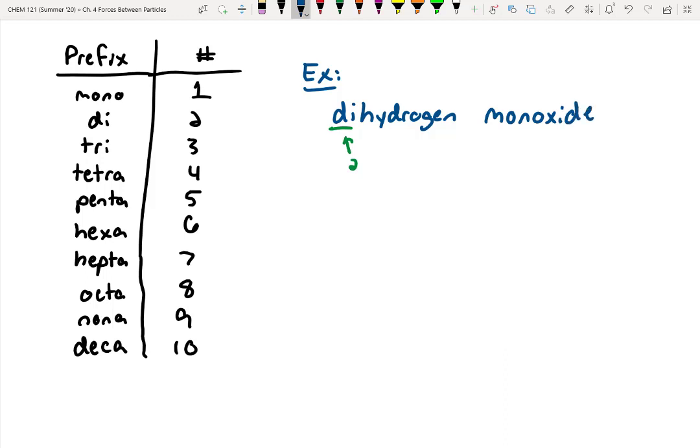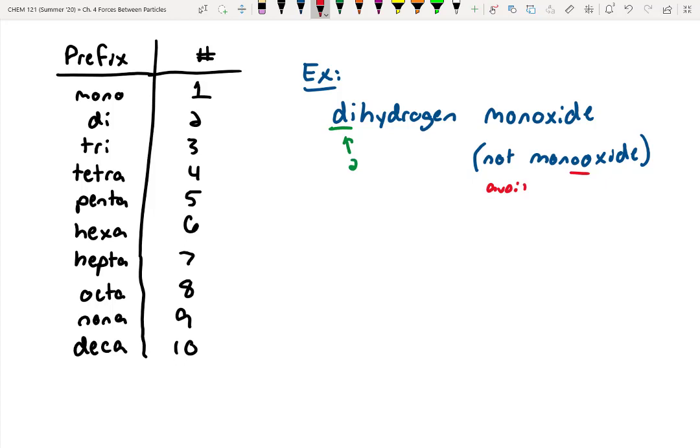We're not going to write it as mono-oxide, because 2 vowels in a row looks weird and sounds weird. So we're just going to omit one of our vowels.